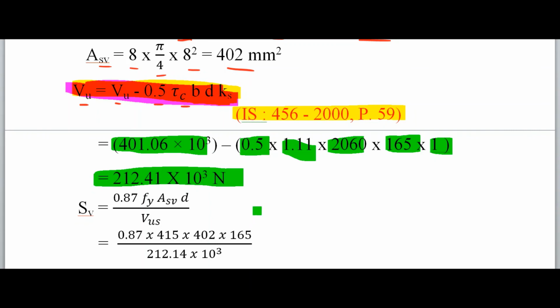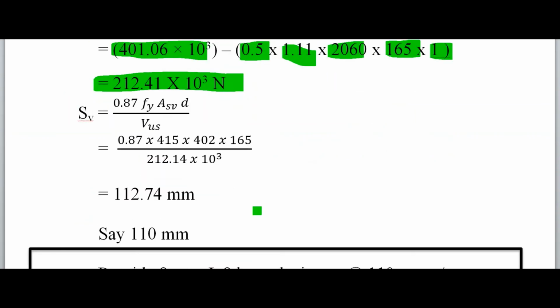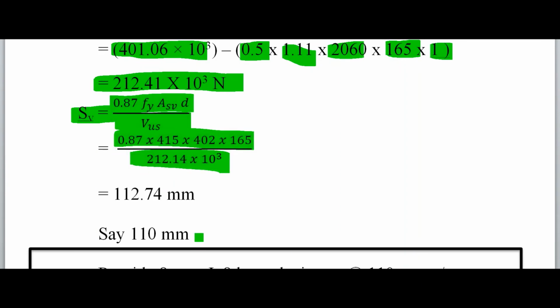Now by this Vus equation we can find out the spacing, 0.87 fy ASV d upon Vus. 0.87 into 415 into 204 into 165, divided by 21241 into 10 raised to 3. We have an SV value of 112.74 mm.